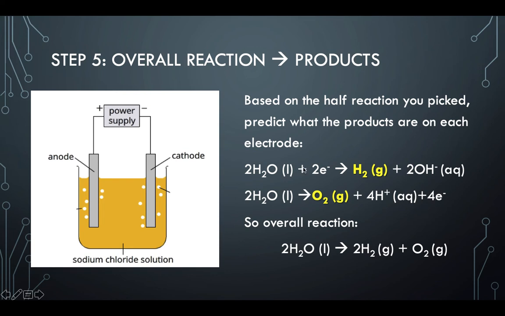Okay, so then you add them together, cancel out the electrons, you have your overall reaction, which aligns with the observation if you actually do this experiment. So oxygen is going to be formed on the oxidation side, that's the anode, which is the positive end. And your hydrogen gas is going to be forming on the negative end of the electrode.